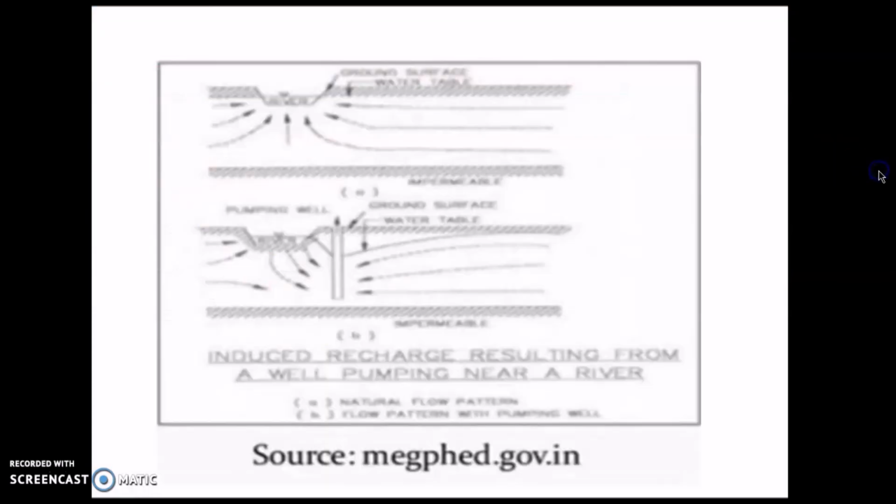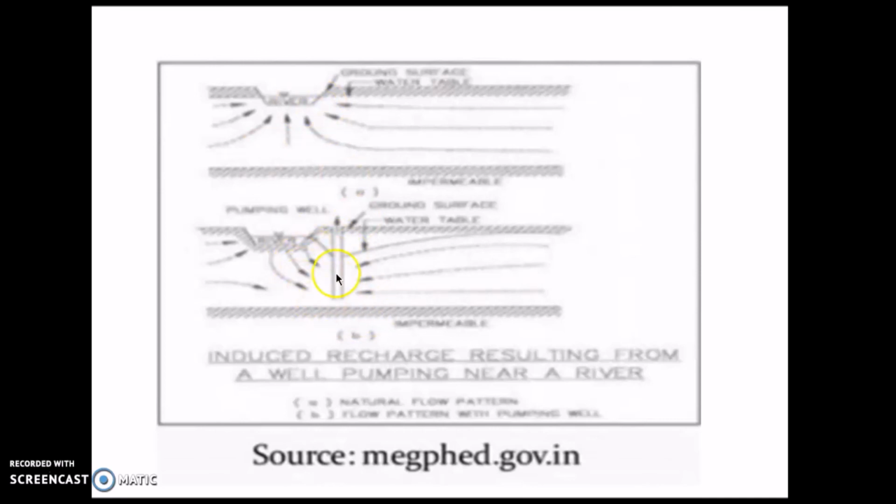But after creating a groove, all the water will tend to move to this particular opening. This is how we create a cone of depression here. By the cone of depression, the water always moves from the higher pressure to the lower pressure. We are creating a pressure zone here.